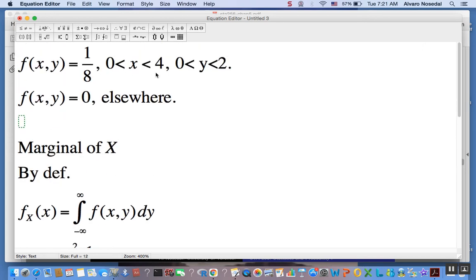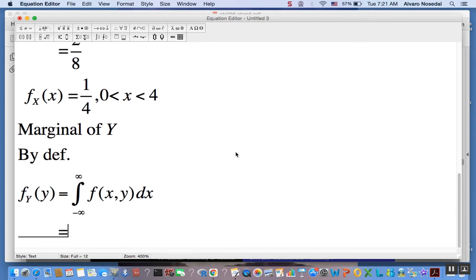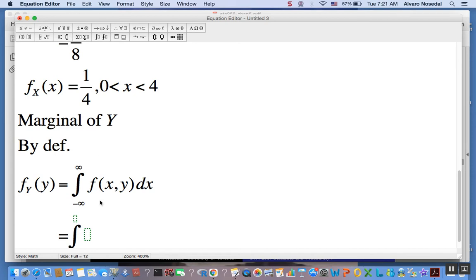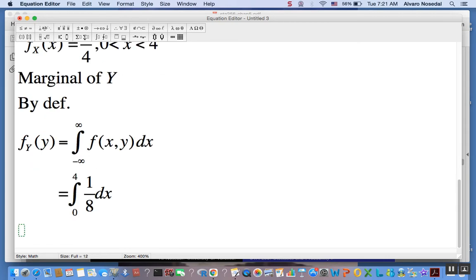Okay, x is restricted to be in this interval. So integral from 0 to 4 of 1 over 8 dx. Got it? So something really similar.